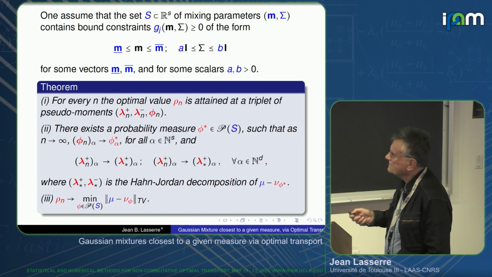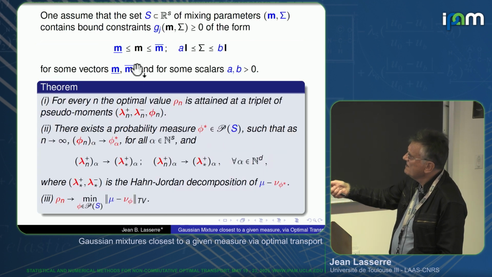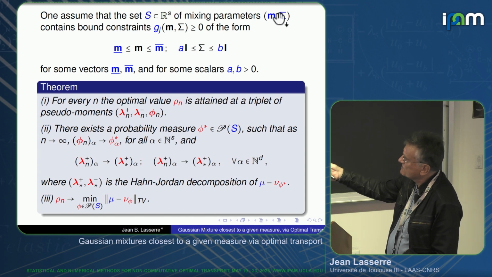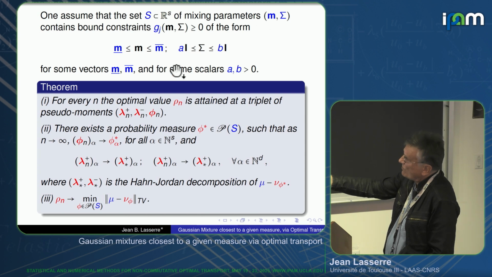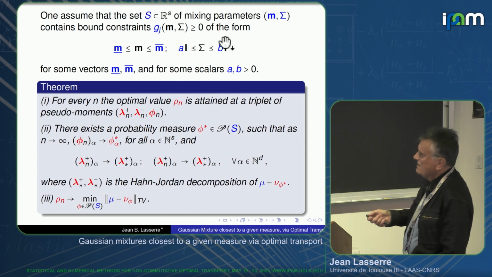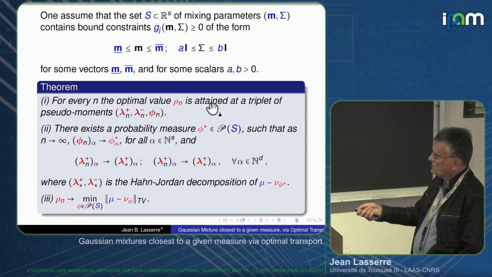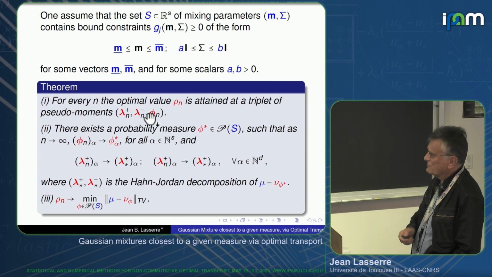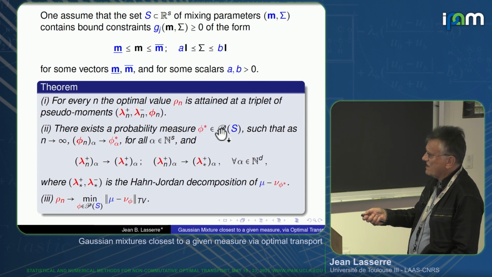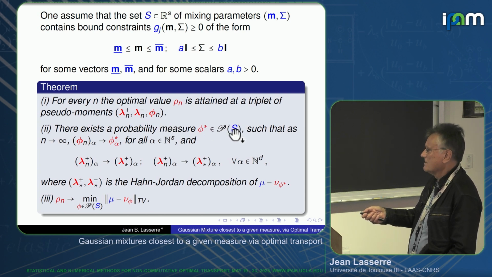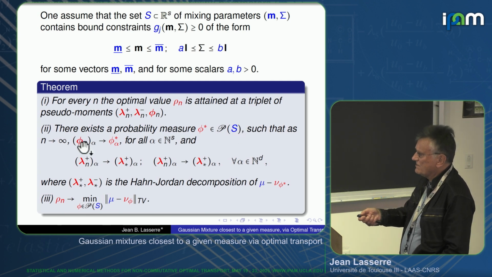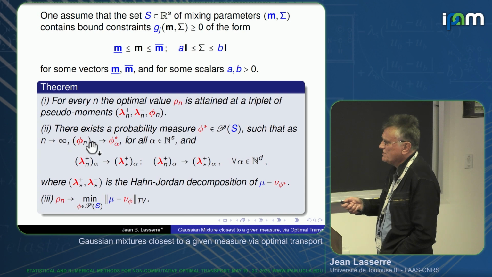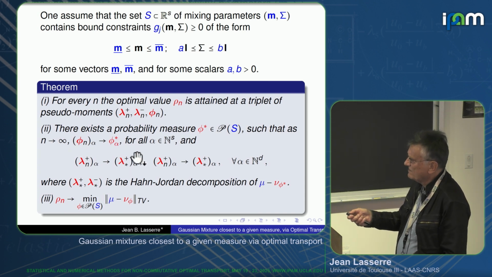Okay? And again, the result is like that. Suppose the set of mixing parameters is a semi-algebraic set defined by some constraints of this form, like for example, these kinds of things. Okay? So for every n, the optimal value is attained at a triplet of pseudo moments. And now there exists a probability measure phi star on the set of mixing parameters m and sigma, so that when the number of moments goes to infinity, then you converge to phi star, okay?